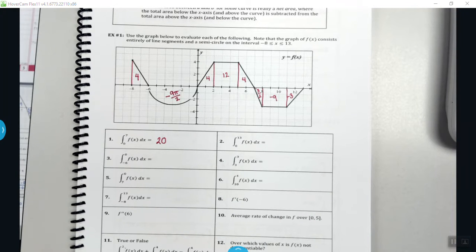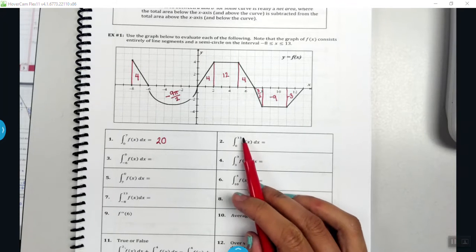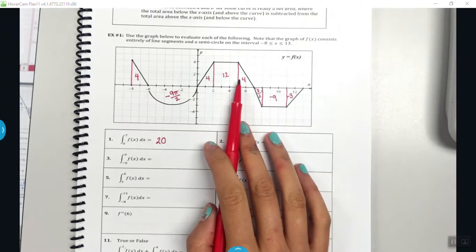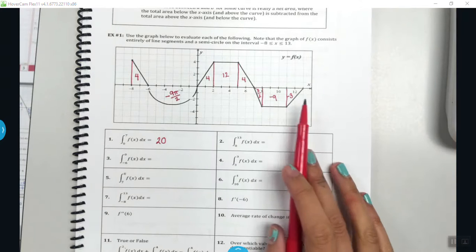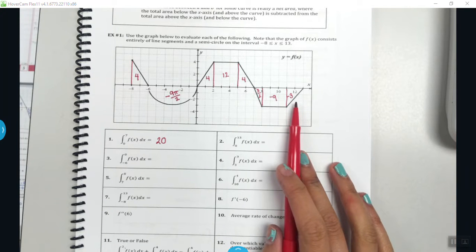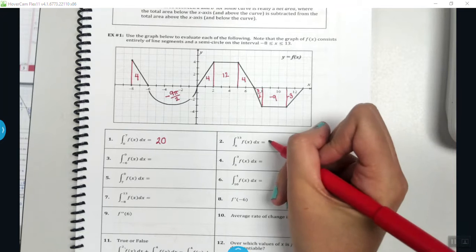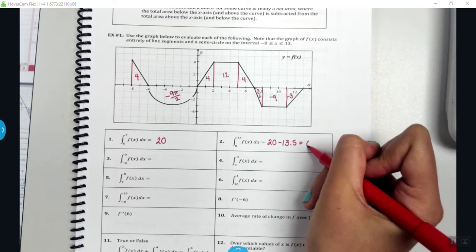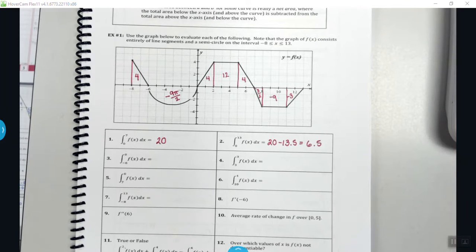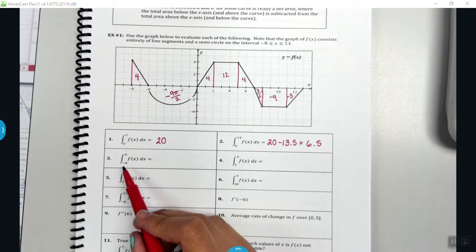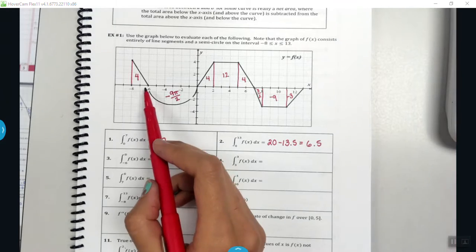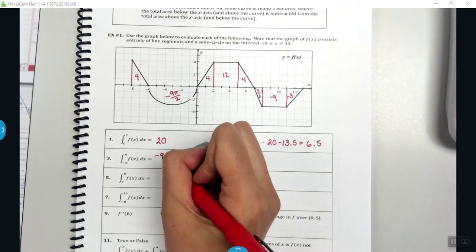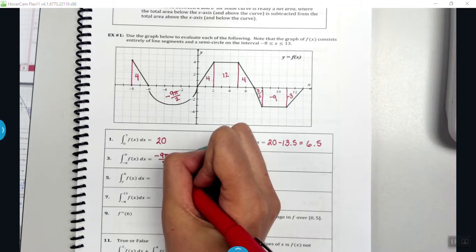Okay, and if I want the area from 0 to 13, we do 20 minus 13.5, or 6.5. Okay, so that's the total net accumulated area. The area from -6 to 0 is -9 pi over 2.